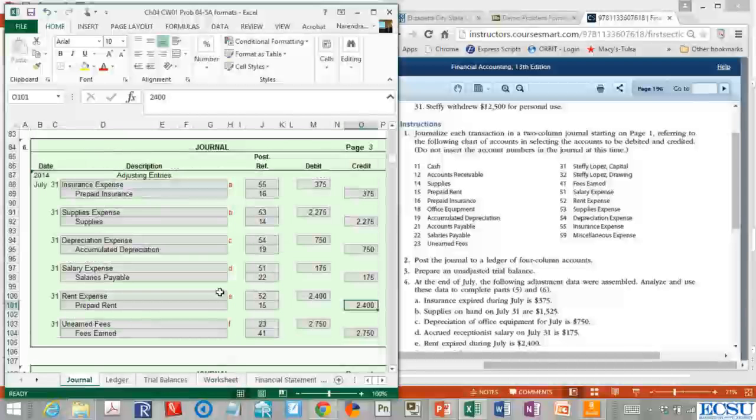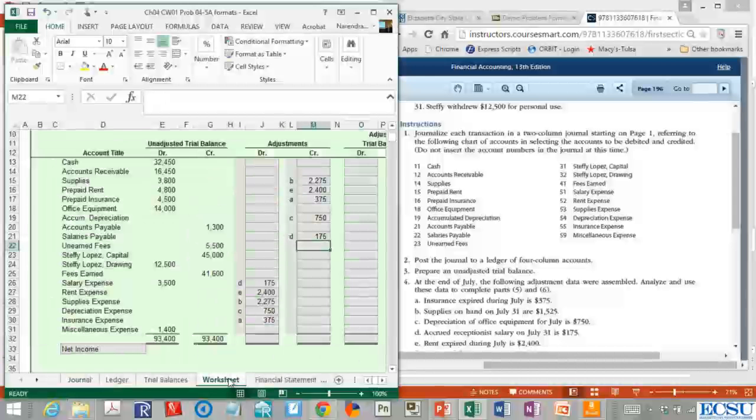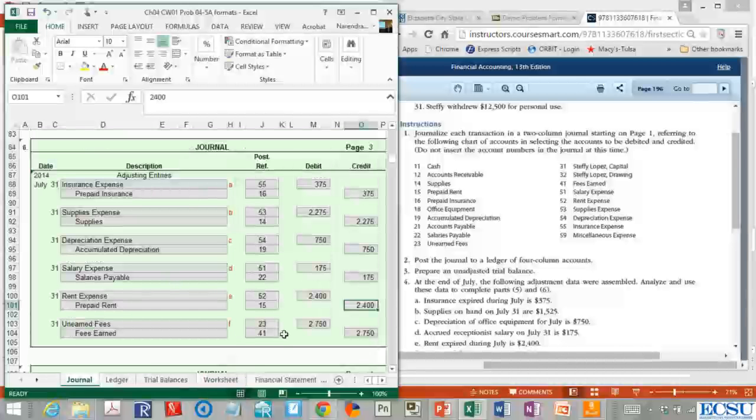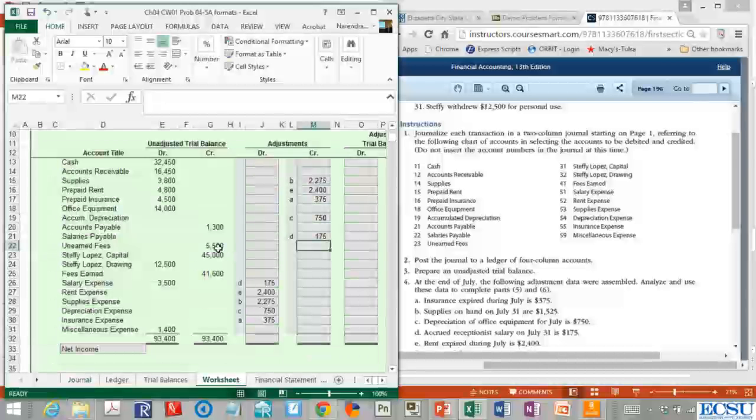Now let's see the journal again. Rent expense and prepaid rent, I think we already did. So we're left with number F. Number F was unearned fees, which was a debit of 2,750, and fees earned was a credit.